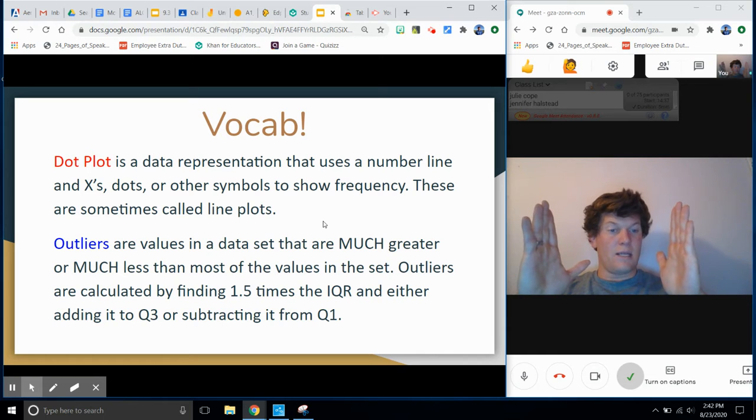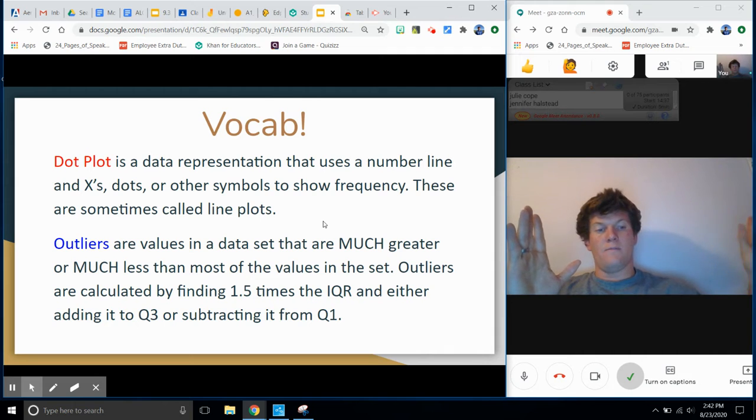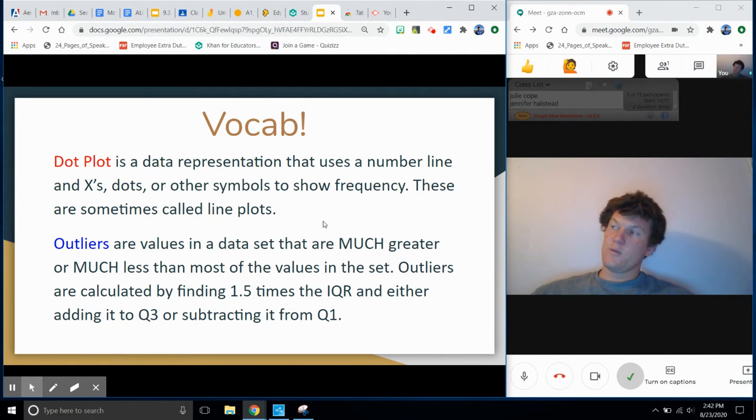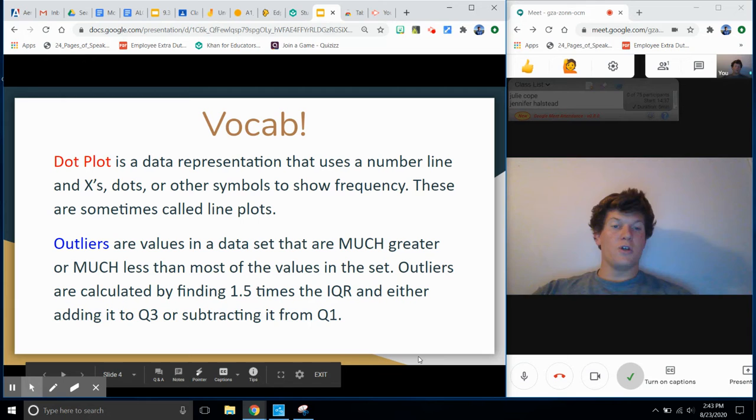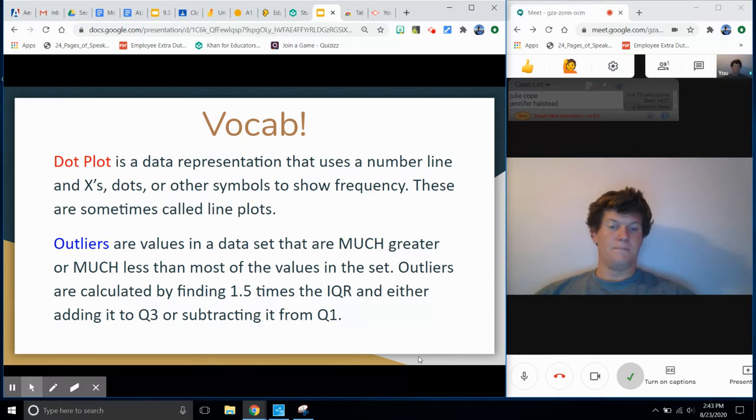That range that we set up is like your outlier range. If you have anything bigger than that, outlier. If you have anything smaller than that, outlier. And you'll see what I mean with one of our examples today. If you haven't done so already, make sure you get a screenshot of this. This is the first part of our vocab.